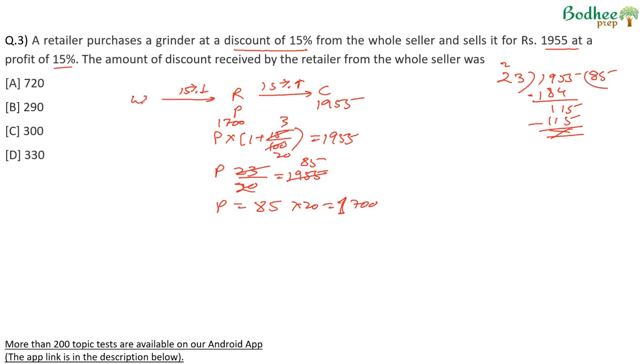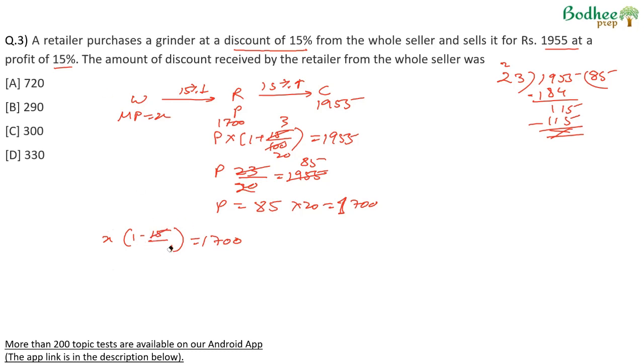Now, this was when there was a discount of 15% that the retailer got. Suppose the mark price here was X. So we can say that X into 1 minus 15 upon 100, discount of 15%, will be the price that the retailer has to pay, 1700 rupees.